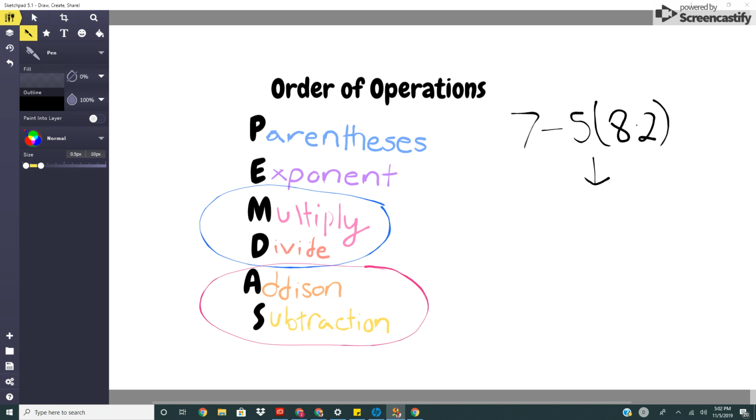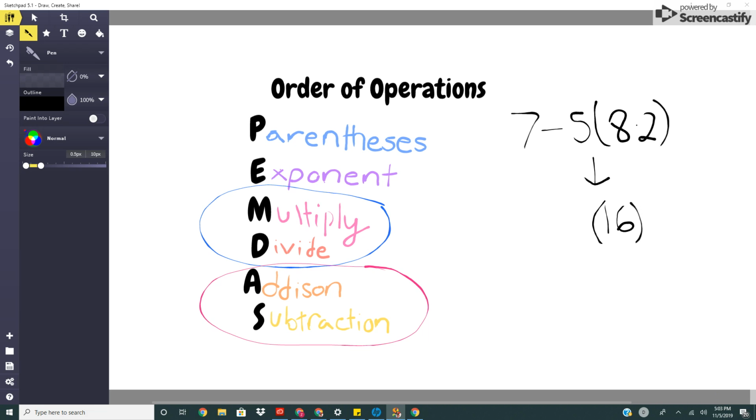But if it was outside of this set, the parentheses would come first. So we do that first, and we get 16.